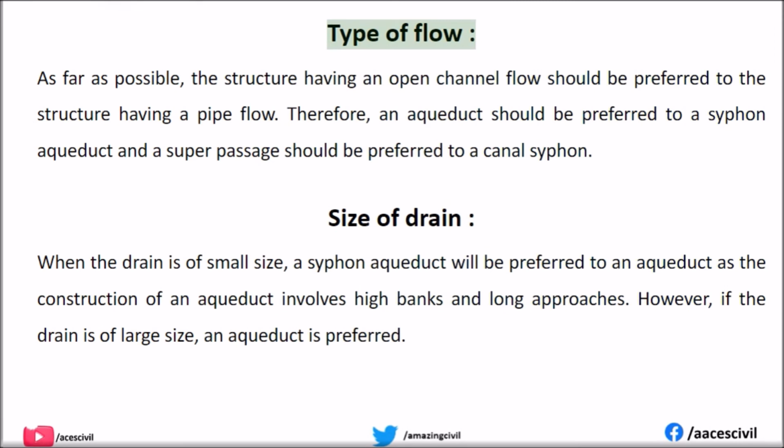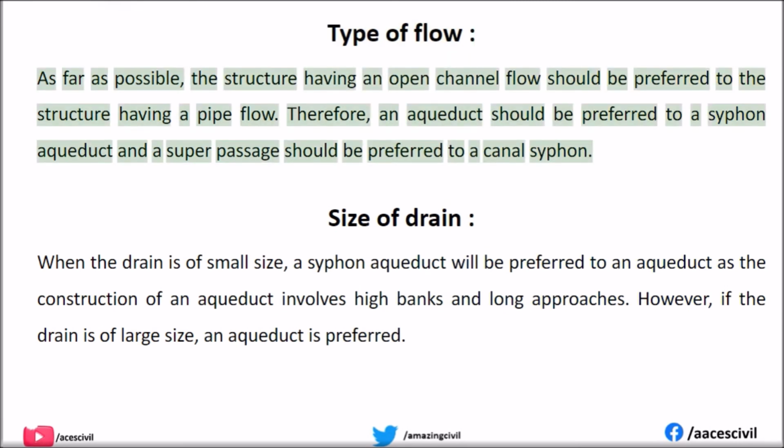Type of flow. As far as possible, the structure having an open channel flow should be preferred to the structure having a pipe flow. Therefore, an aqueduct should be preferred to a siphon aqueduct and a superpassage should be preferred to a canal siphon.